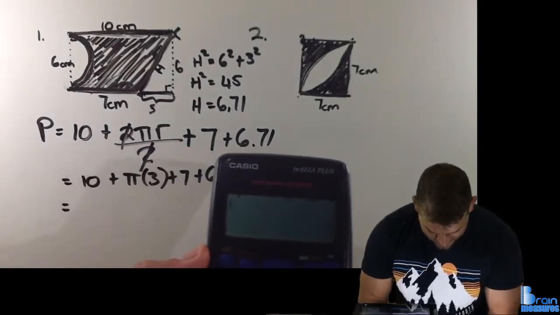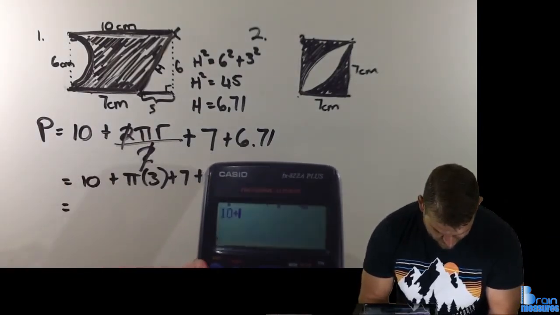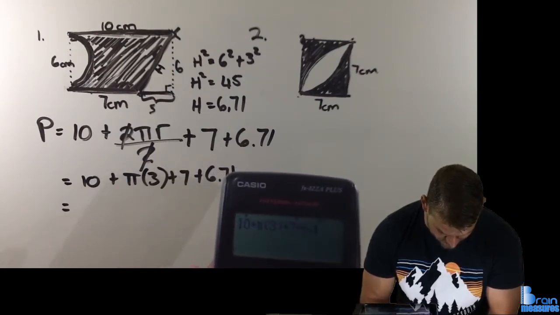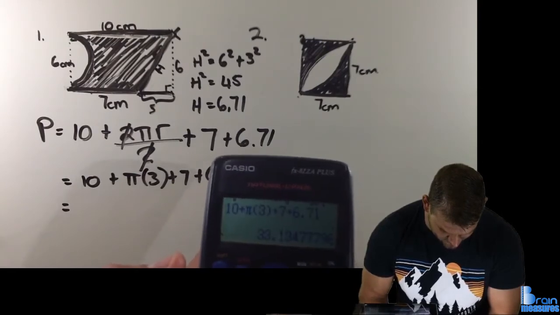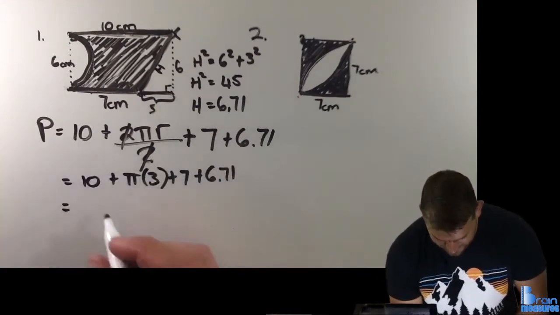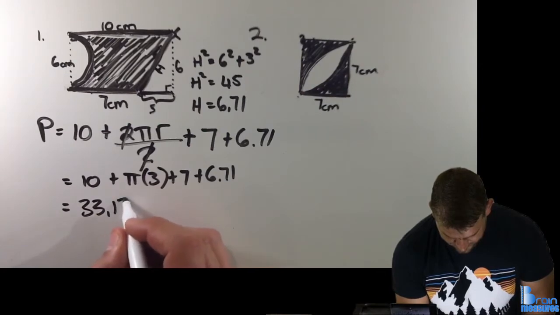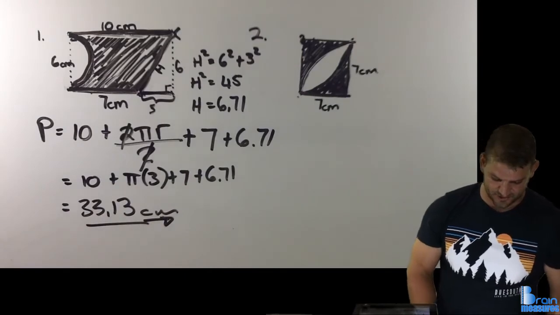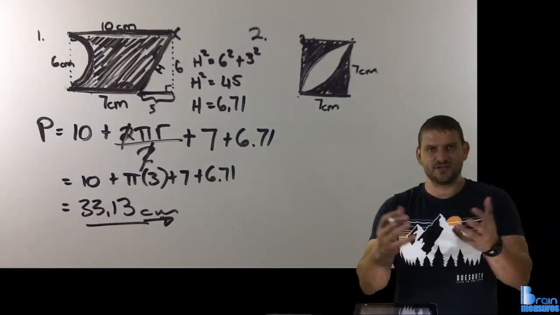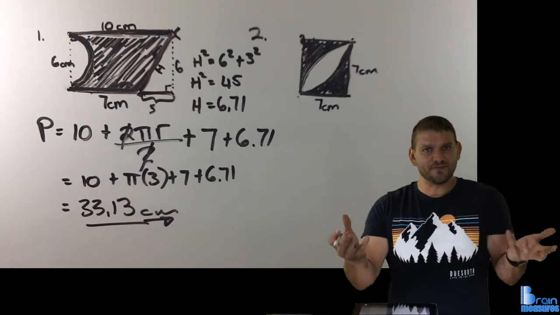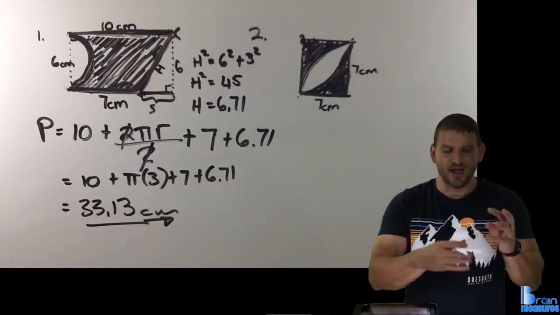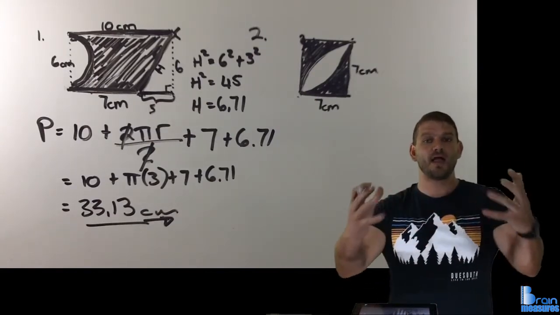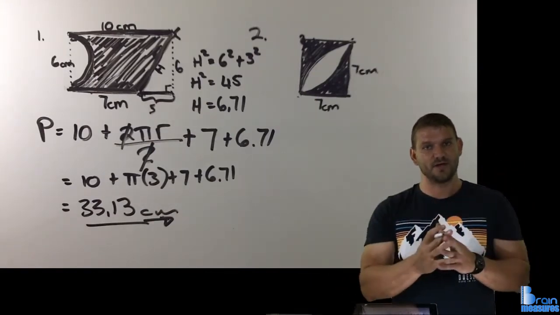Now we call in our calculator and say, right, we've got 10 plus pi times 3 plus 7 plus 6.71, and my perimeter is 33.13 centimeters because it's a length that I'm calculating. And that's pretty much the gist of how to work out the perimeter of a shape. Nothing new, but how we also use the different formulas to help us in our end goal, the main goal of working out the perimeter around that shape.